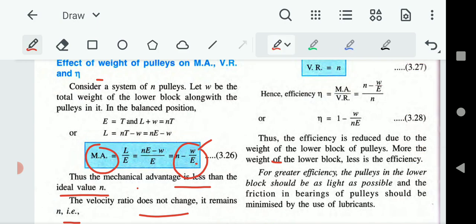हेंस देखो, these are the conditions when we include the weight of the pulley, that we have to understand. Mechanical advantage and velocity ratio will be the same in case of a block and tackle system, and if there is one fixed pulley and the others are movable, at that time the mechanical advantage will be 2 to the power n, where n is the number of pulleys.